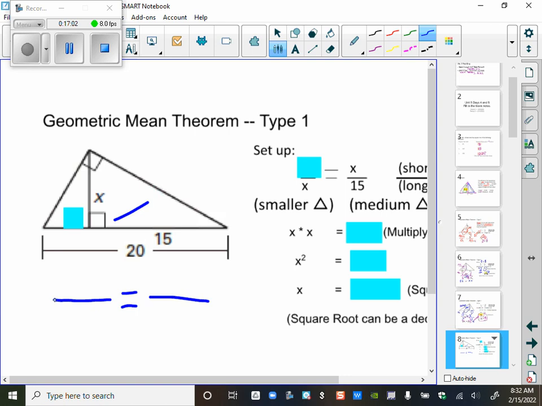Well, the x is on the other side of the altitude, but that's okay because we still get our first ratio, right? Because again, your altitude is x. Altitude is still x. So do we still see the x over 15 here?